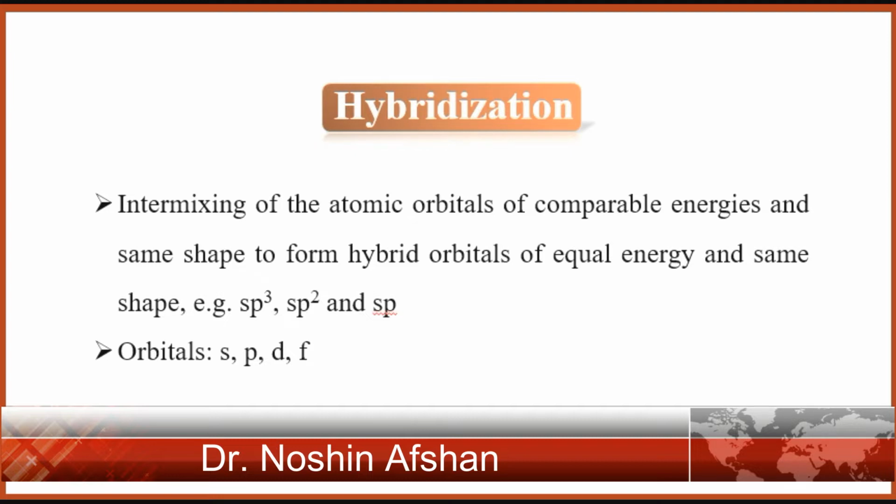So first of all, we will start from the introduction of hybridization. That is the intermixing of atomic orbitals of the comparable energies to form hybrid orbitals of the equal energy and same shape. And before their intermixing, their shapes are almost identical or comparable.